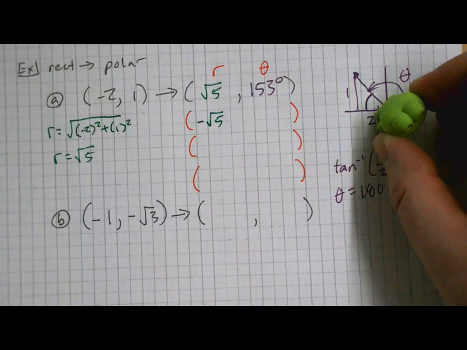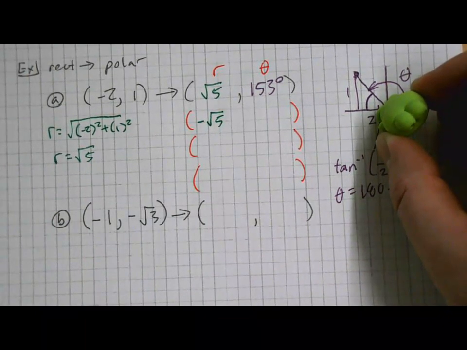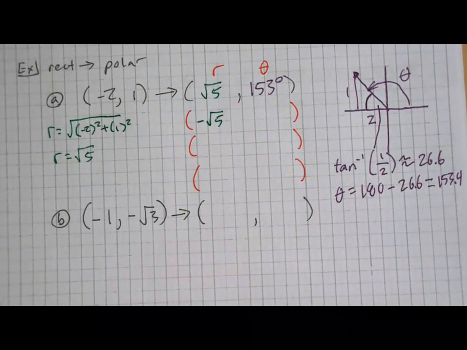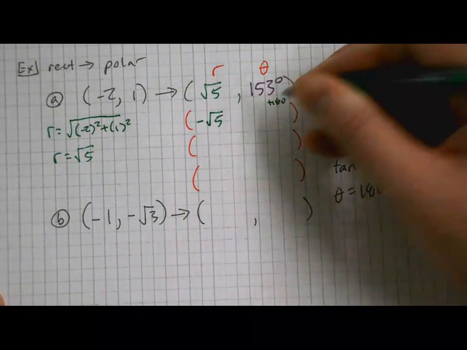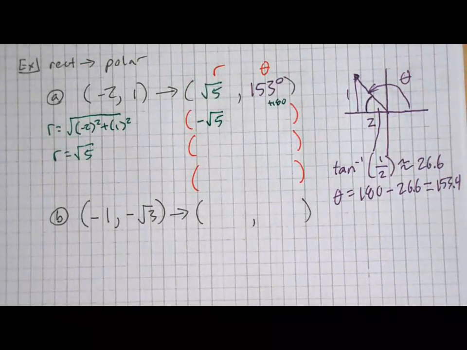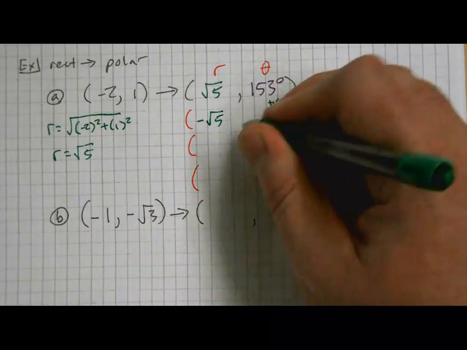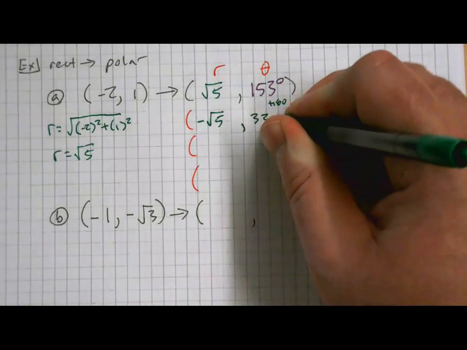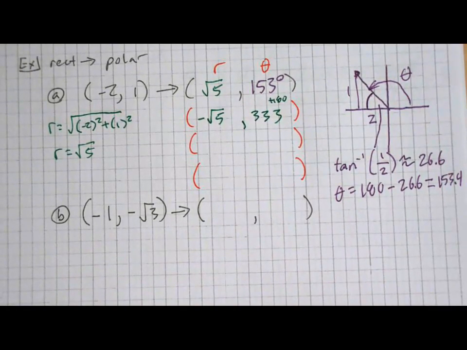He's not facing 153. What am I going to add or subtract from 153 to find it? We could add 180. If you're looking for the opposite direction, we could just add 180 to it. So 333 would get me an alternate version.